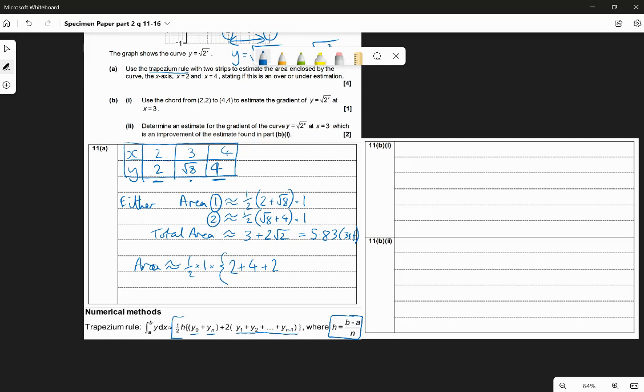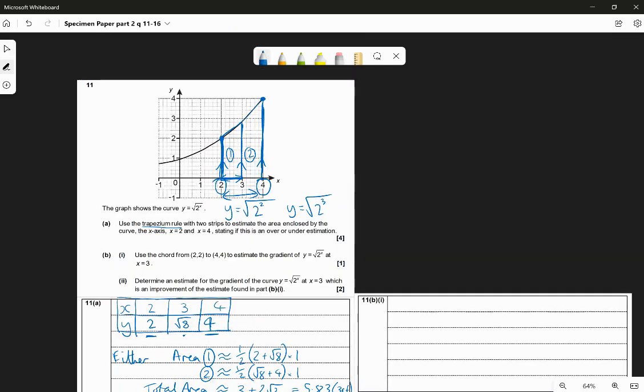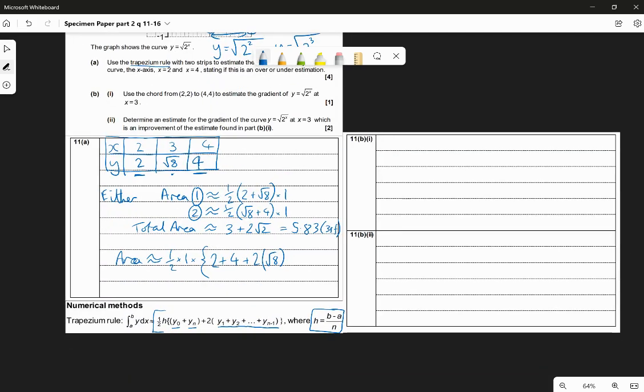We only have one other y value, which is root 8. 2 lots of root 8. The reason why we're doubling root 8 is because it's used in 2 different trapezia. We use this root 8 in trapezium 1 and in trapezium 2, so it needs to be doubled. Okay, it's the only one which we use twice because we're only using 2 trapezia, so that's the end of our calculations. And if I simplify that down, that will also give me the same answer, 3 plus 2 root 2, or 5.83 to 3 significant figures.